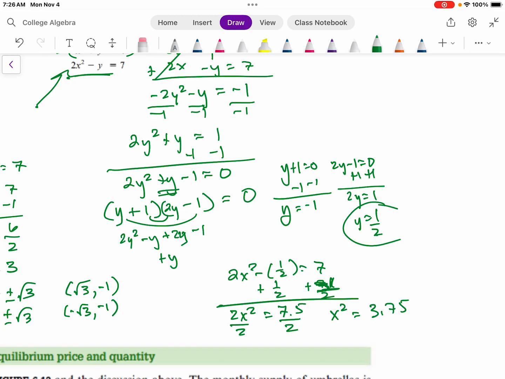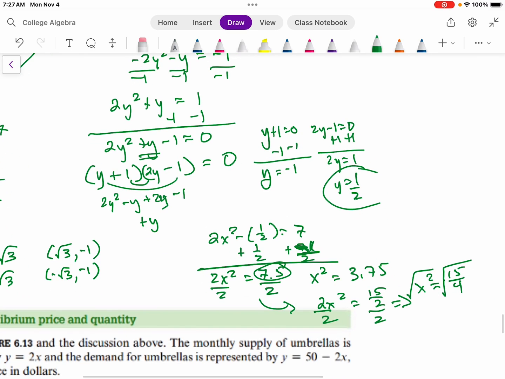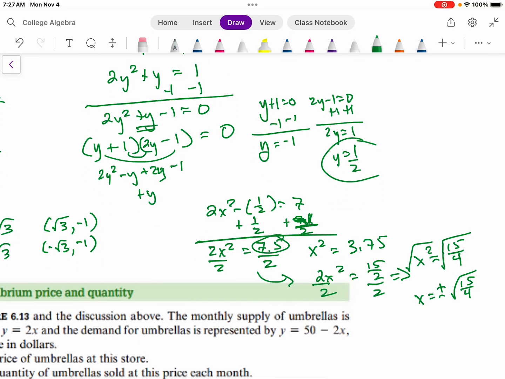So if I go back to this step here, 7.5 would be 15 halves. And then when I divide by 2, I get x squared equals 15 fourths. Now when I square root both sides, I get x is equal to plus or minus the square root of 15 fourths. And I can simplify that to x equals plus or minus square root of 15 over 2.